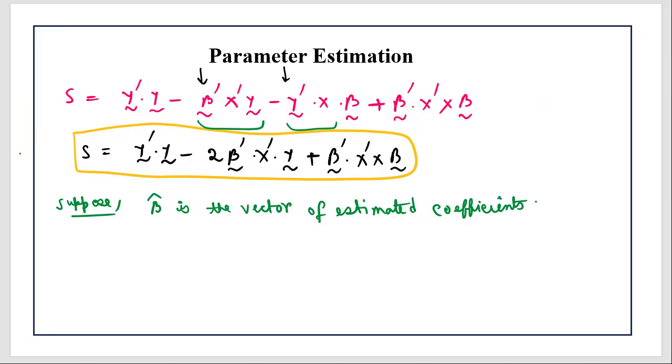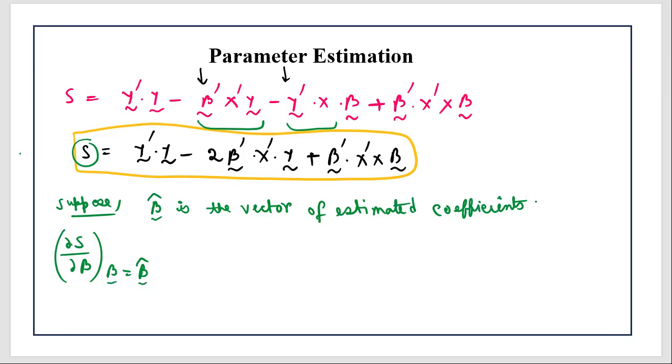So what you can simply do is take the partial derivative of this S with respect to beta and put beta equals to beta cap. Wherever you have beta curl, you can put this beta curl cap, because they are all vectors.